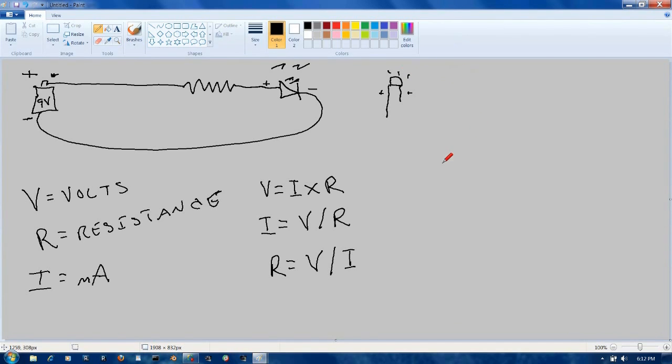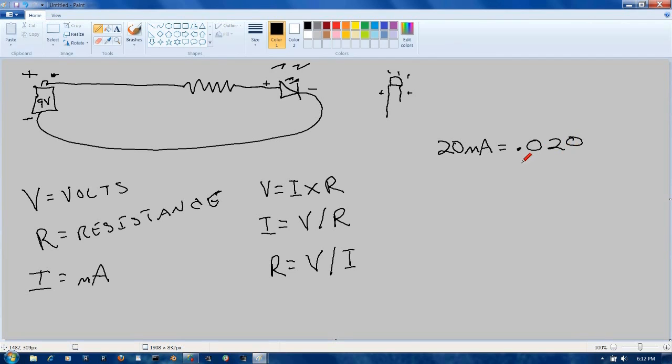And in the data sheet for most of the LEDs that I'm using, these super bright LEDs, draw 20 milliamps, which equals 0.020.